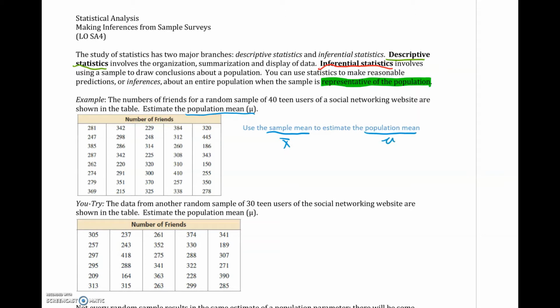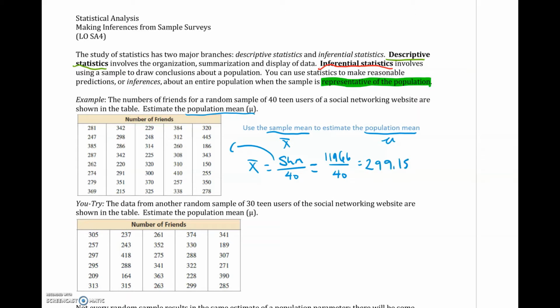All we're going to do is calculate the mean of our sample. So x bar is, we're going to take every single one of these 40 responses, add them all up, take that sum of the table, and divide it by 40. If I added everything up correctly, that would be 119,066 over 40, which is 299.15.